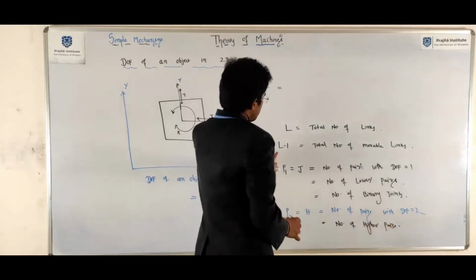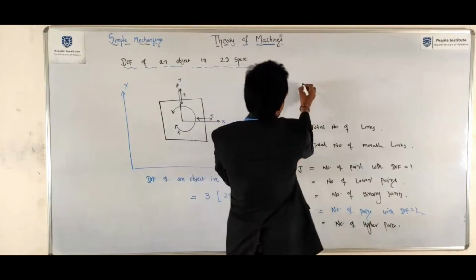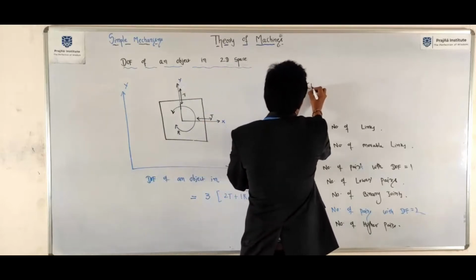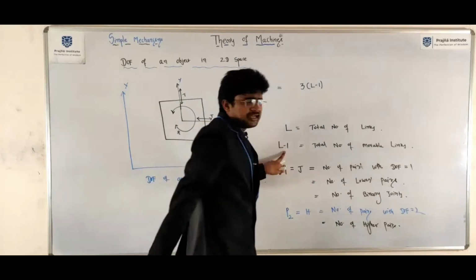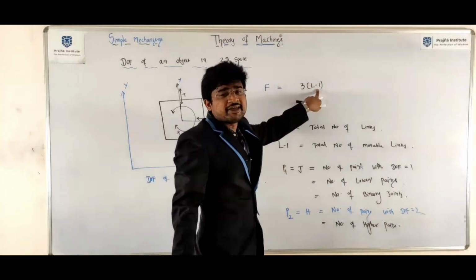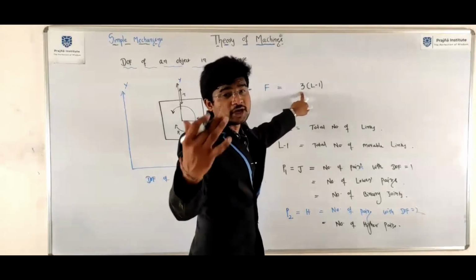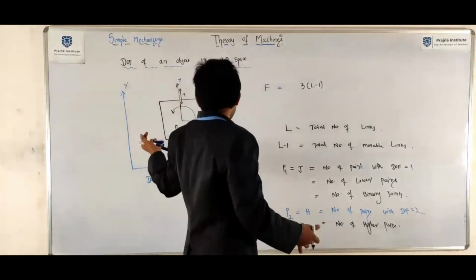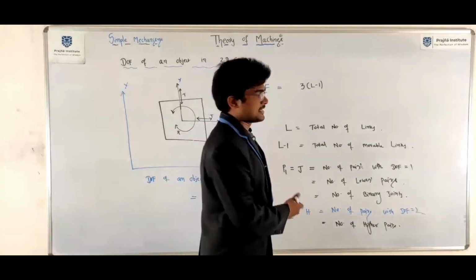So L minus 1 mobile links are there. We need to take 3 into L minus 1. Why? Because each link has 3 degrees of freedom in a plane, in this planar mechanism in 2D space.